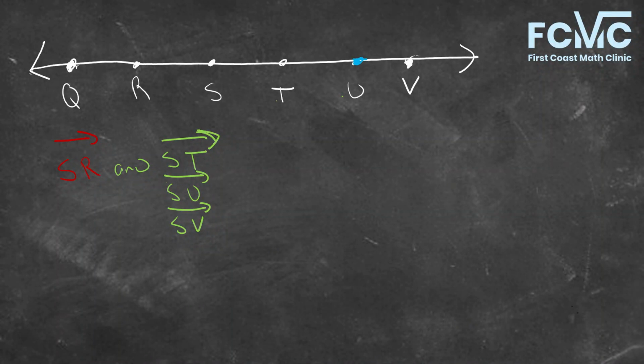Or what if we name maybe this ray here in blue UV? Our endpoint is U, and I want to name an opposite ray. If I do this in red, if I start here, maybe this ray here in red, take a second, would this be an opposite ray, yes or no? And the answer is going to be no, because, well, they're heading in opposite directions. One's going to the right, one's going to the left. What they're missing is that common endpoint.